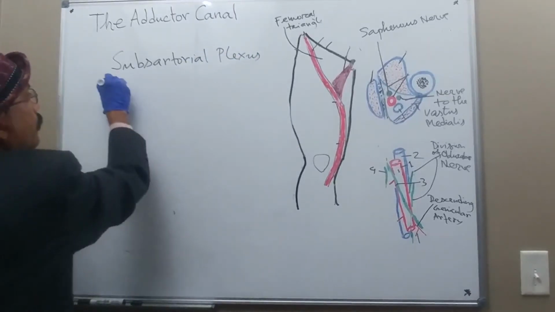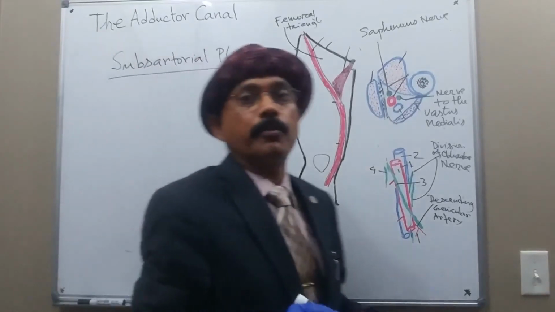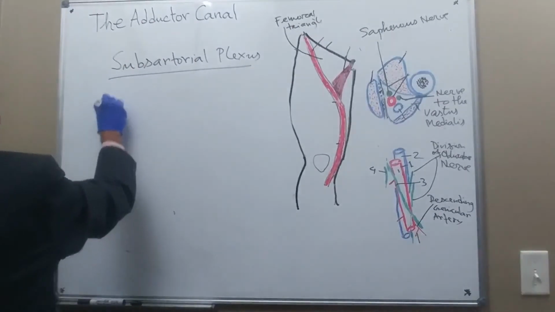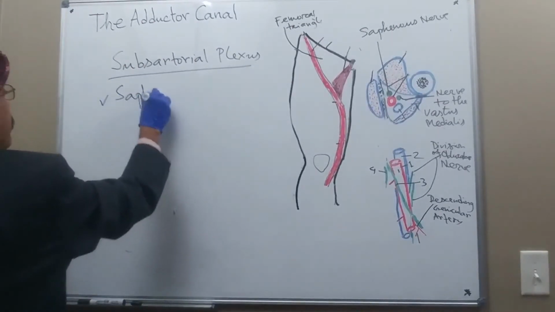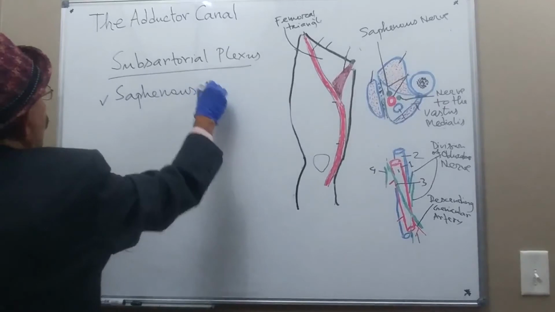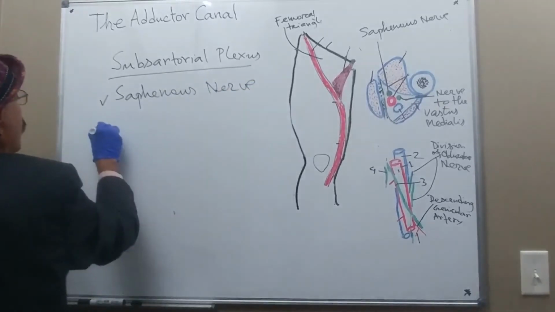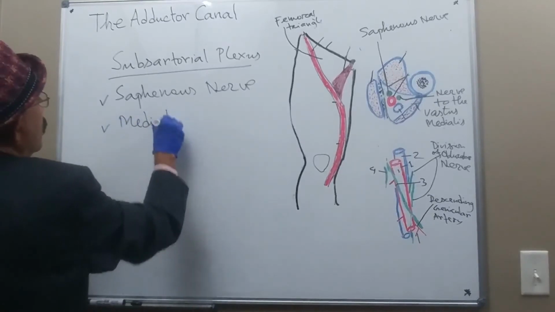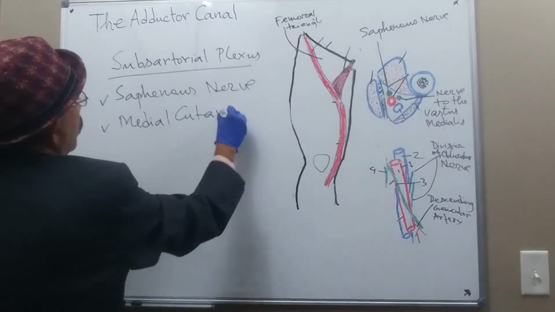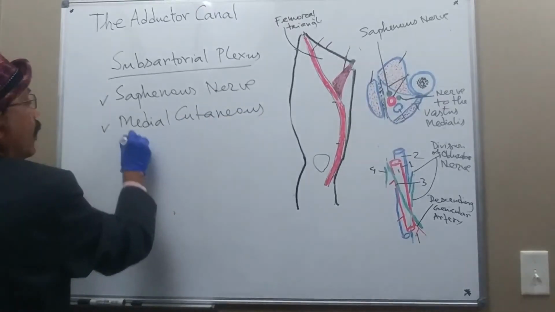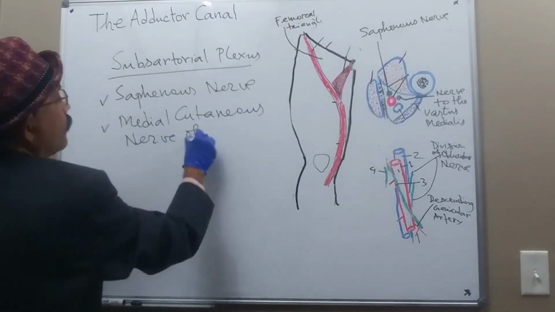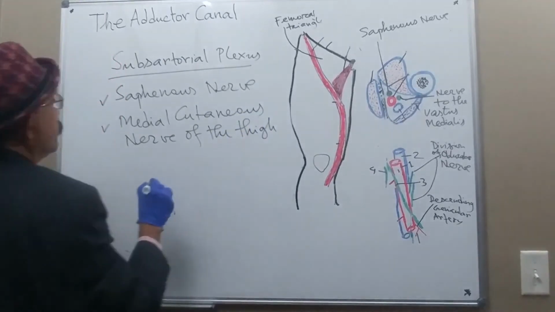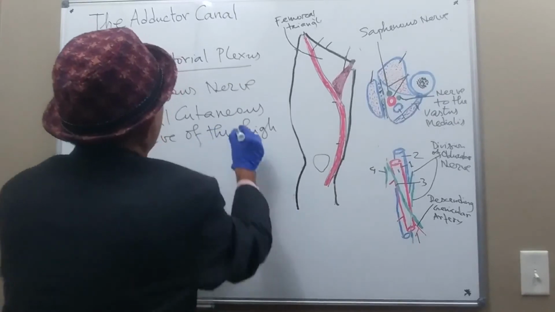Okay, so how is it formed? The subsartorial plexus is formed by contributions from the saphenous nerve, the medial cutaneous nerve of the thigh.